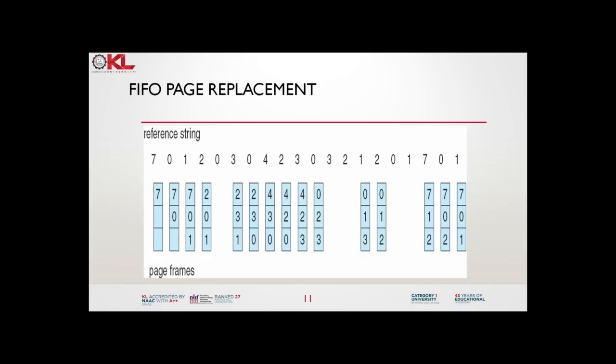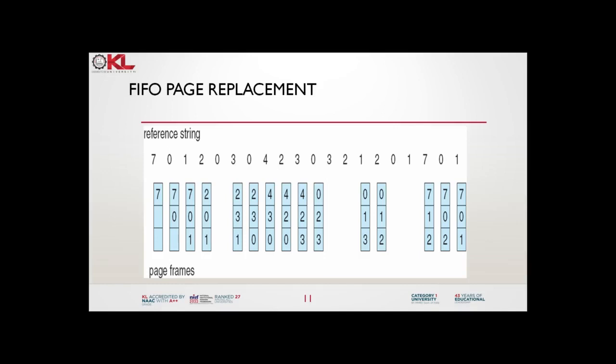Similarly, if you would like to identify the page hit, the remaining are going to be considered as page hits. So for the page hit ratio, you should know the number here. This is 1, this is 2, this is 3, this is 4, 5. So total 5.